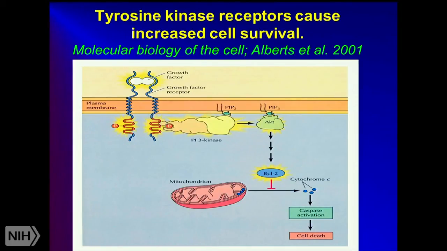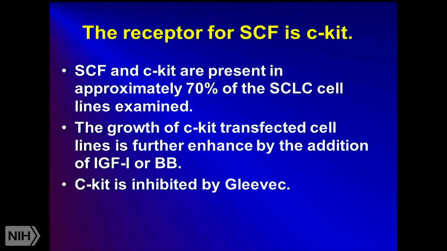And here we see the tyrosine kinase receptors activating the PI3 kinase, which then causes the phosphorylation of the AKT and increased expression of the BCL2, inhibiting apoptosis of the lung cancer cells.